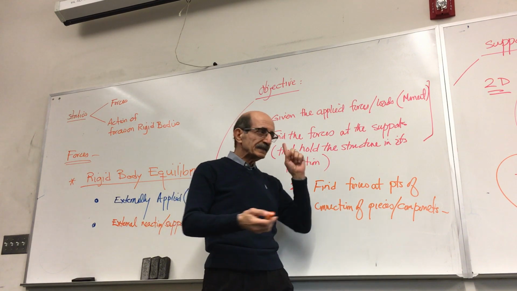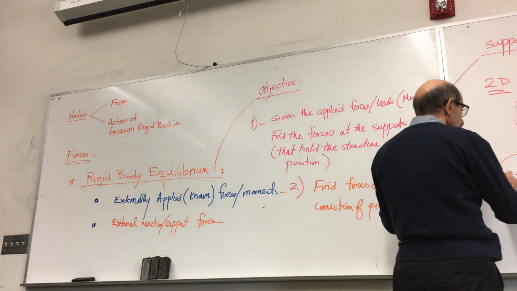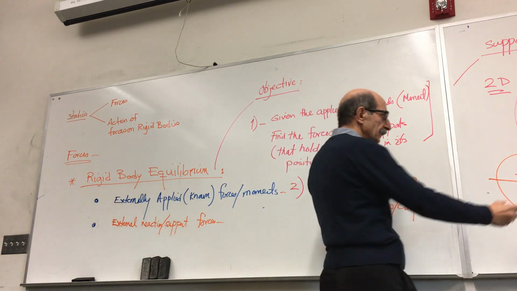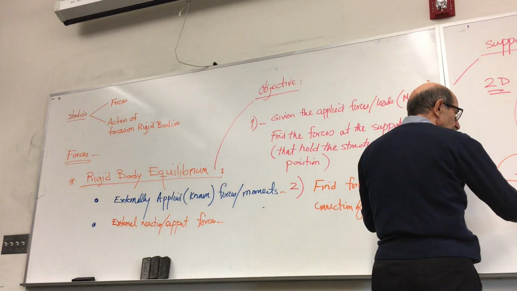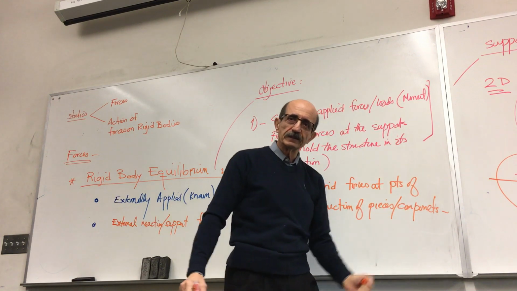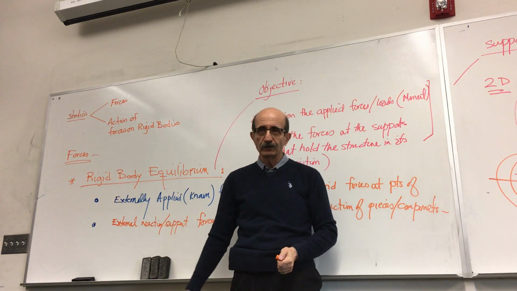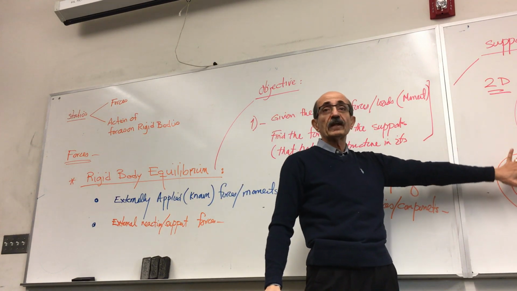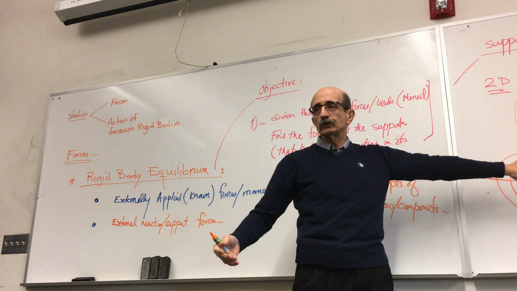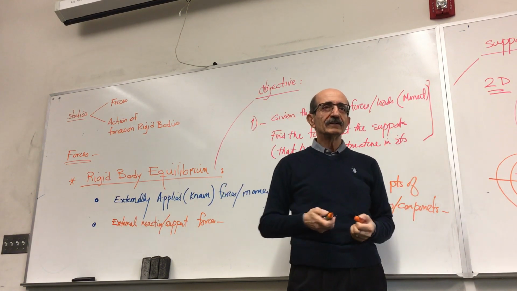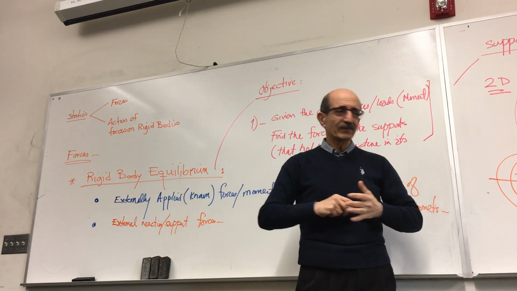That means there is an unknown force here in this direction that is holding it, there's an unknown force here that is holding it this way, and there's an unknown moment that is preventing it from rotation. These are the forces that we want to find, and we will see how to do it, both in 2D and 3D. So with that said, see you next time.